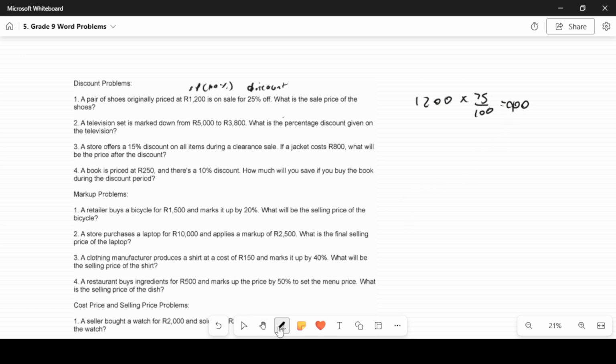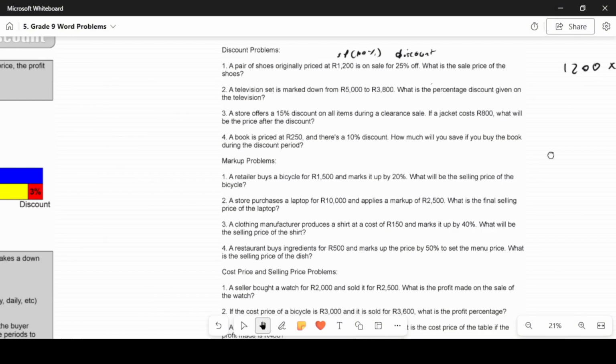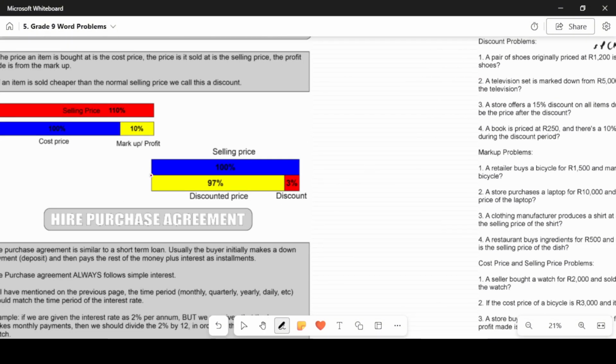Now, this idea goes back to exactly what we talked about at the beginning. 1,200 Rand represents the selling price. If you take this exact diagram that we had here, we take this entire rectangle and divide it up into how many parts? 100 parts, because these 100 parts must make up this big rectangle.